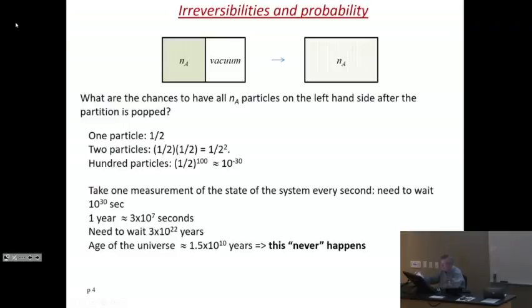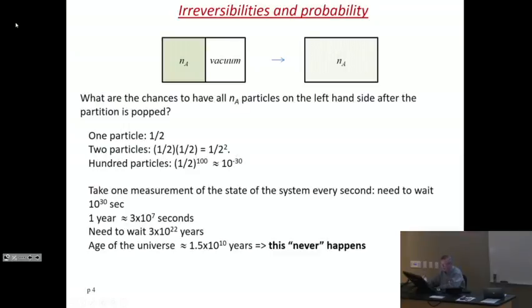Well, the probability that an individual particle is on the left-hand side is 1/2. If you have two particles, the probability that they both are on the left is 1/2 to the power 2. If you have 100 particles, the probability is 1/2 to the power 100. That is 10 to the power minus 30.